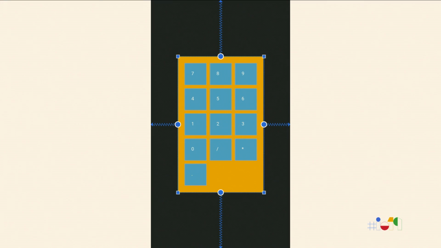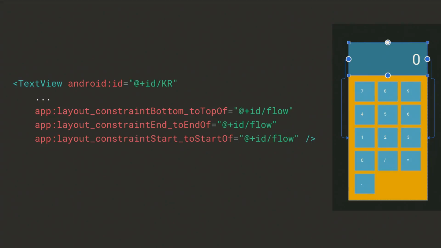Very easy. You don't have to create all the chains by hand, all the constraints by hand. You just reference them. What's nice is it's a normal widget, a normal child of Constraint Layout, so you can constrain another widget to that flow element in exactly the same way as you would normally.